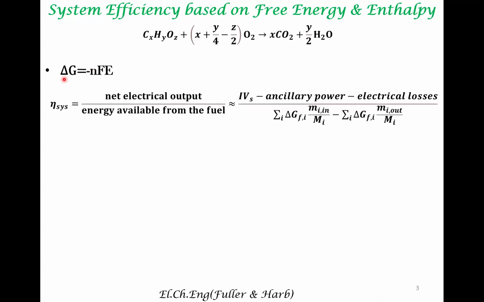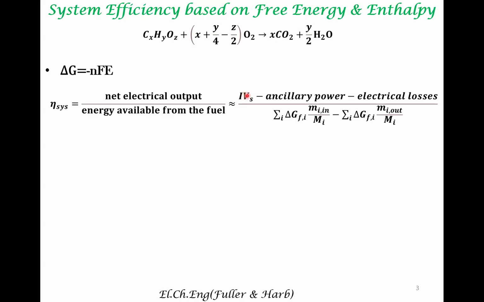So we can define a system efficiency based on the electrical output divided by the free energy that is available in the fuel. When a fuel gets combusted, a free energy release occurs. That is the value of the fuel. So in the numerator, we have the current that is generated from a fuel cell stack, and the voltage that is generated from a fuel cell stack.